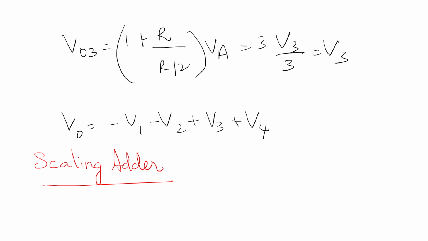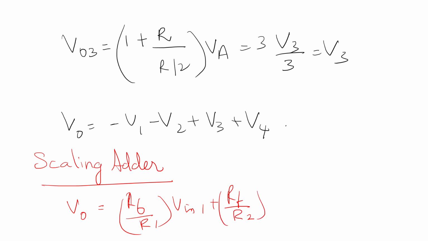Then the output voltage for this can be written as V0 is equal to RF by R1 into Vn1 plus RF by R2 into Vn2 plus RF by Rn into Vn. This is the output expression of a scaling adder circuit.